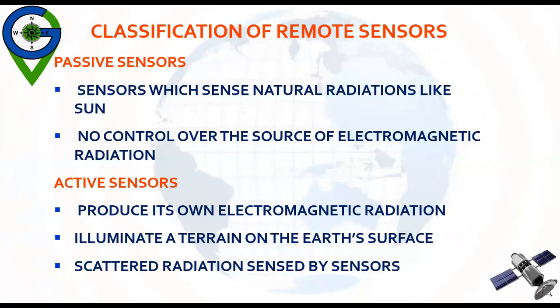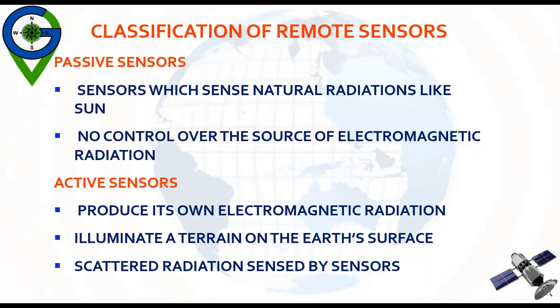So based on the type of reflected radiation, the remote sensors can be classified into two: the passive sensors and the active sensors.